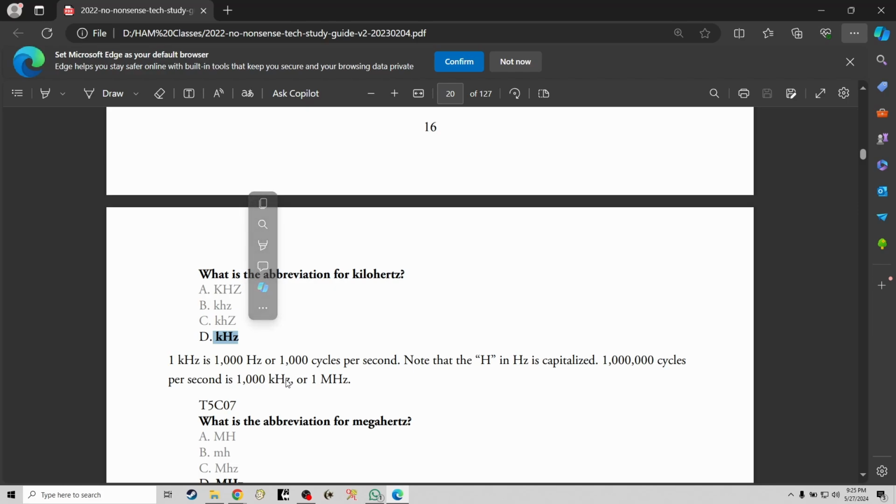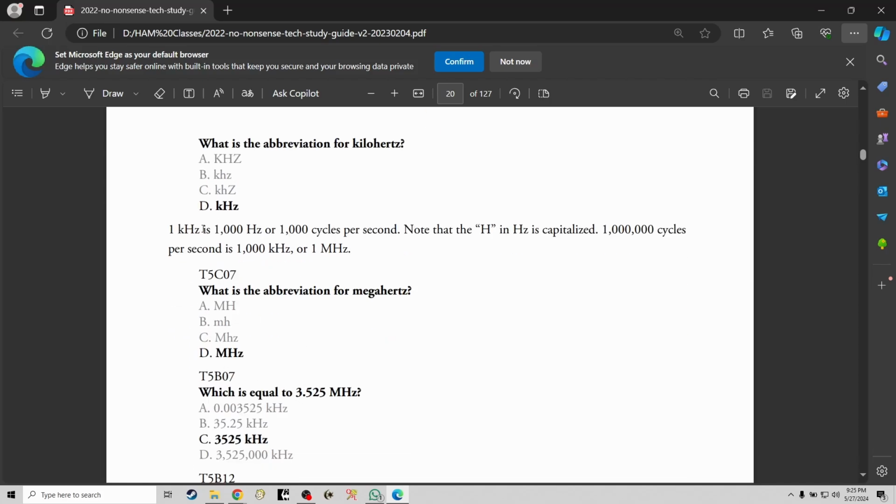I've actually been yelled at because I made a mistake. I think I wrote it in all caps one time on one of the emails that I sent, and one of the guys messaged me. He's like, "What are you doing, man? Write it the right way." Okay, I'm sorry. You're right, though. But yeah, please, lowercase k, capital H, lowercase z.